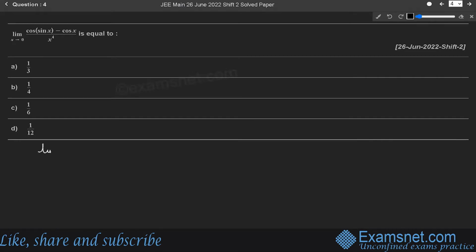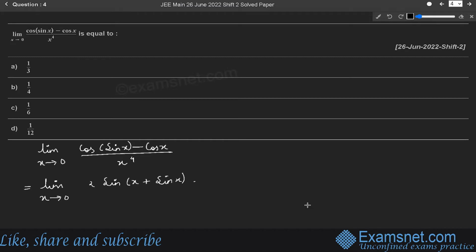Limit x tends to 0, (cos(sin x) - cos x) divided by x power 4 is equal to. So this can be written as limit x tends to 0, 2 sin((x + sin x)/2) into sin((x - sin x)/2), and whole divided by x power 4.